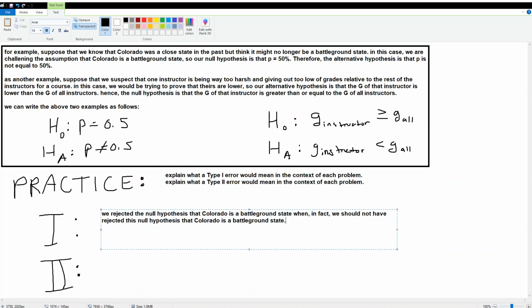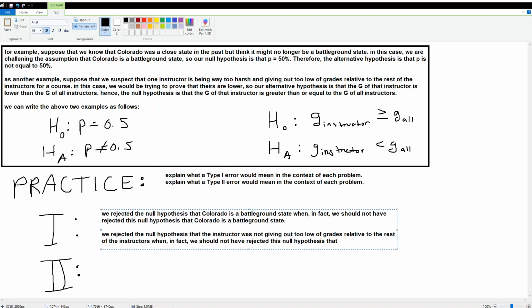In the example of the instructors, we rejected the null hypothesis that the instructor was not giving out too low of grades relative to the rest of the instructors, when in fact we should not have rejected this null hypothesis.